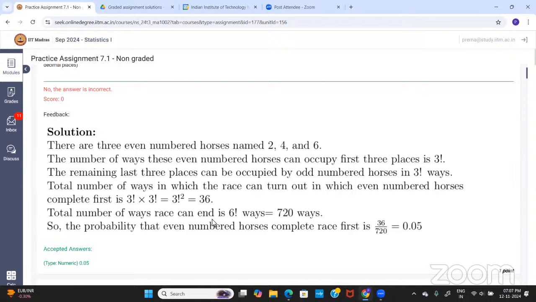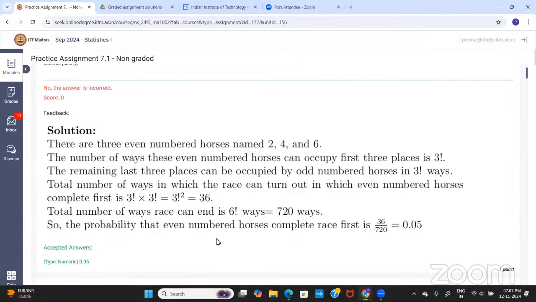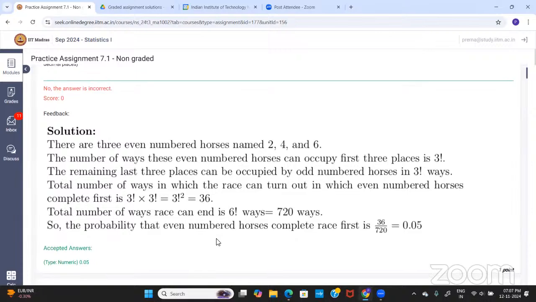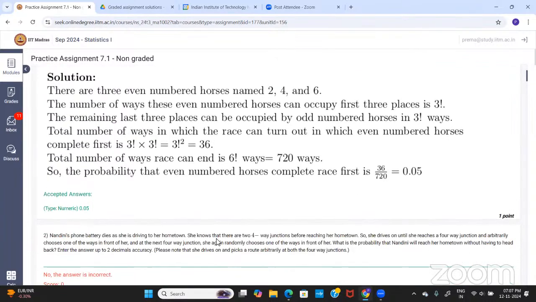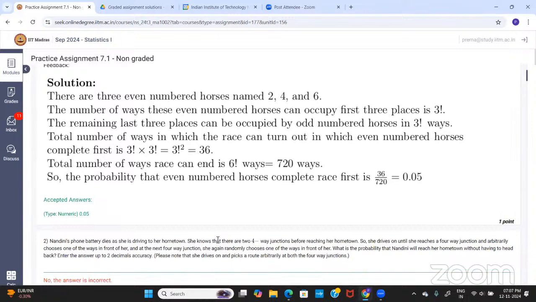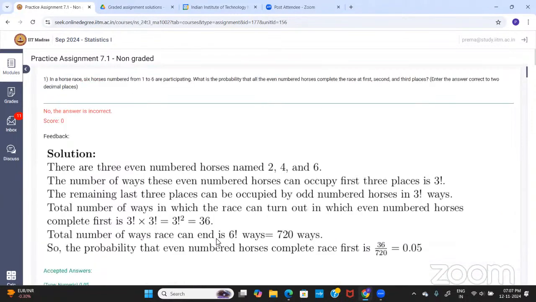Another case could be where the first three positions are the same, and you rearrange the last three positions: three, one, and five. Similarly, fixing the first three positions, you can arrange the remaining three in three factorial ways.